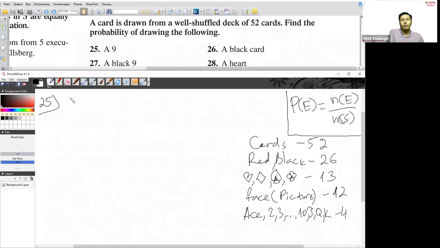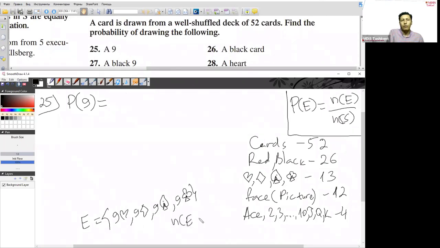Number 25, probability of getting 9. Here the event is getting 9: 9 heart, 9 diamond, 9 spade, and 9 club. This one is the event. How many 9s do we have? NE is 4, therefore on the numerator we write 4.